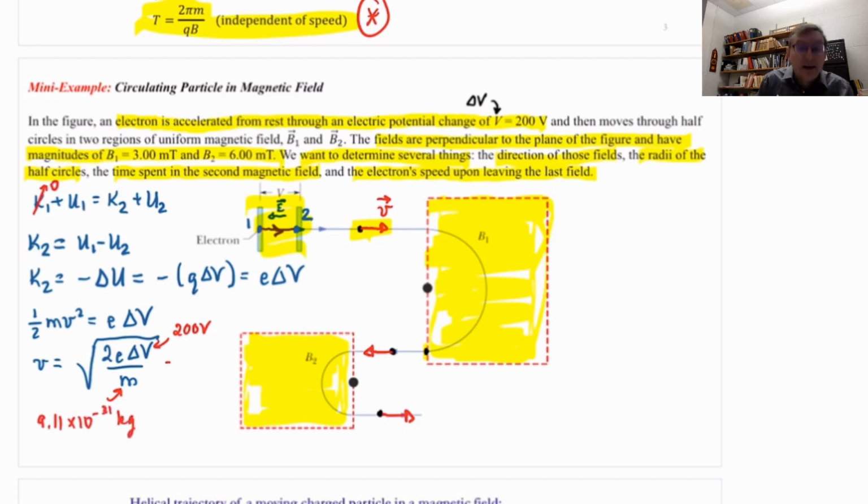So I will tell you what you get for that little v. I'm going to keep an extra sig fig. 8.382 times 10 to the 6 meters per second. Pretty fast, but it is a very light object, an electron. That's how fast it's going then here.